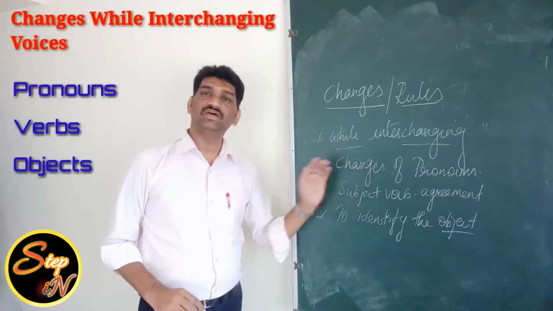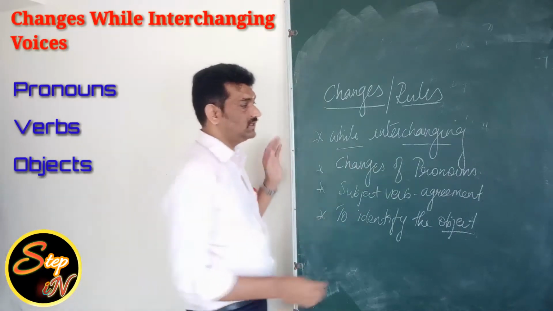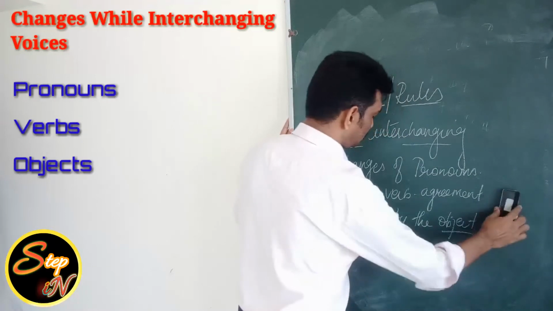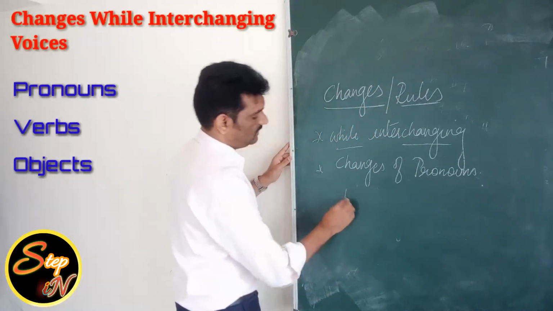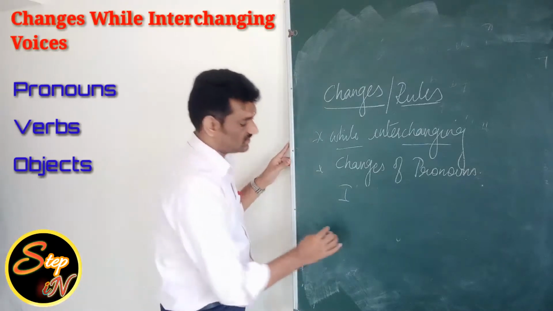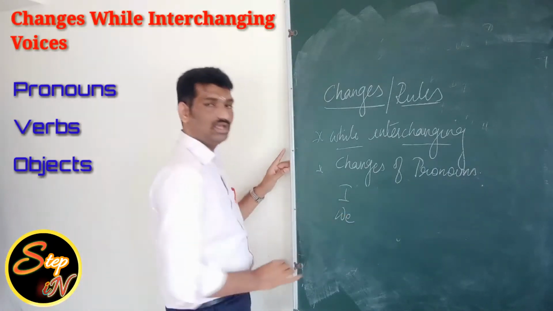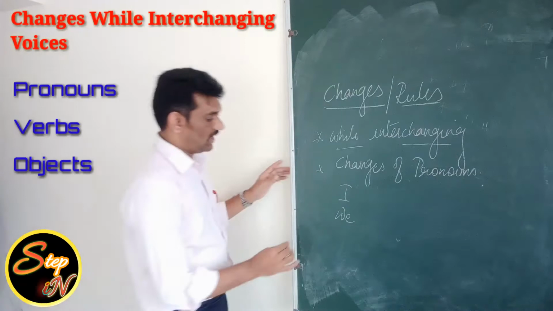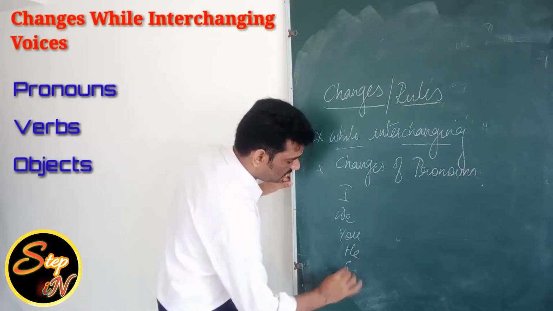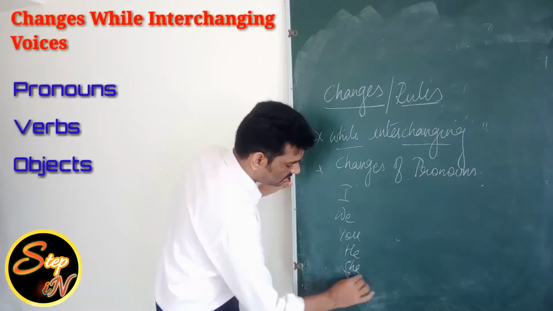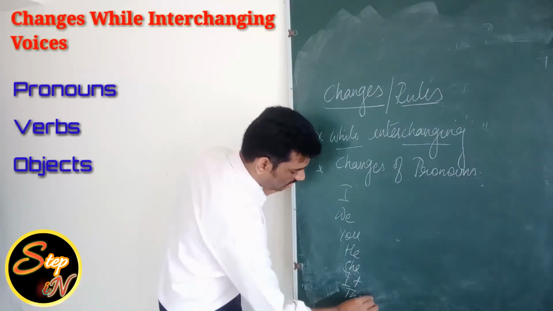And what is changes of pronouns? Under pronoun we have mainly the seven personal pronouns, with which almost all we work out with examples. So I, we, you, he, she, it and they.